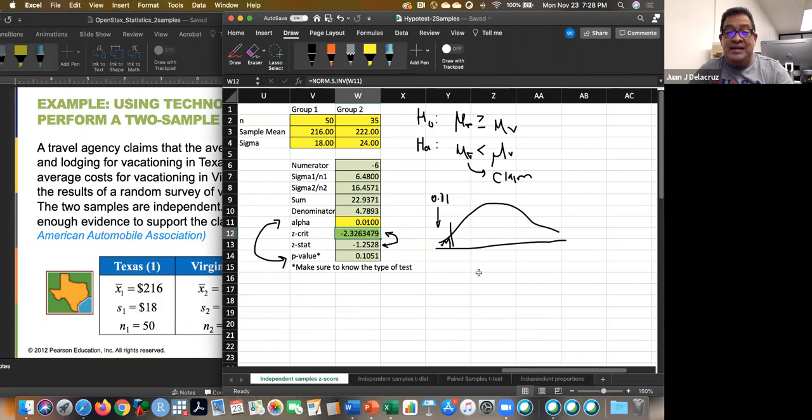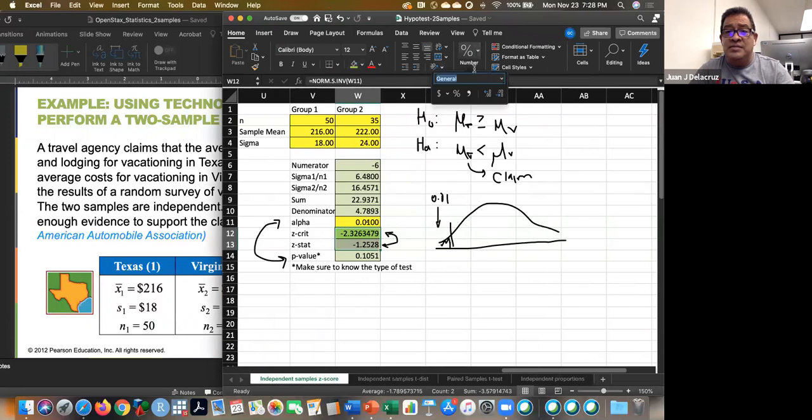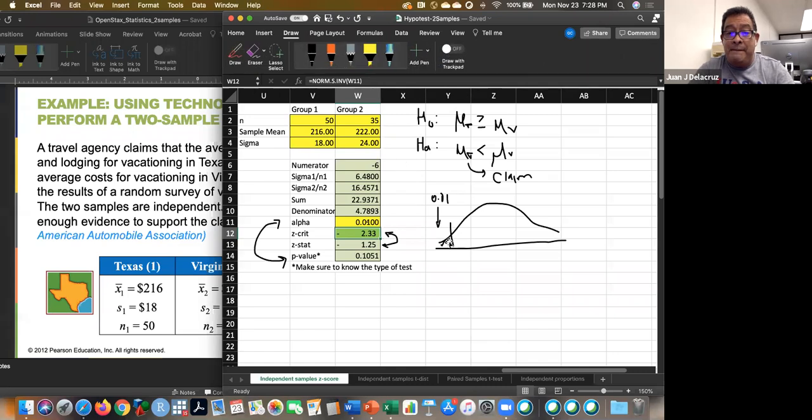So the Z critical, let's make these numbers with just 2 decimals, too many decimals. So my Z critical is minus 2.33.